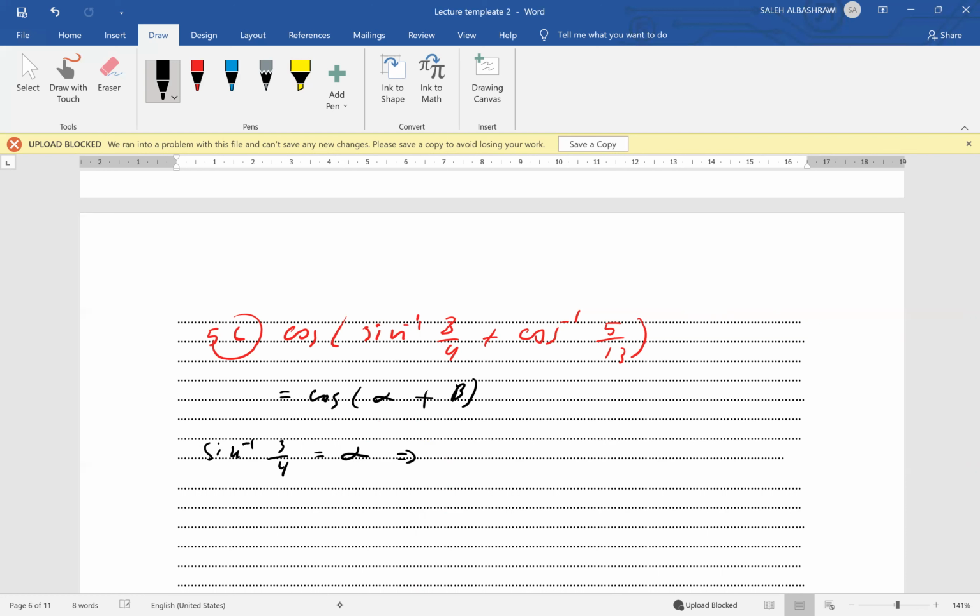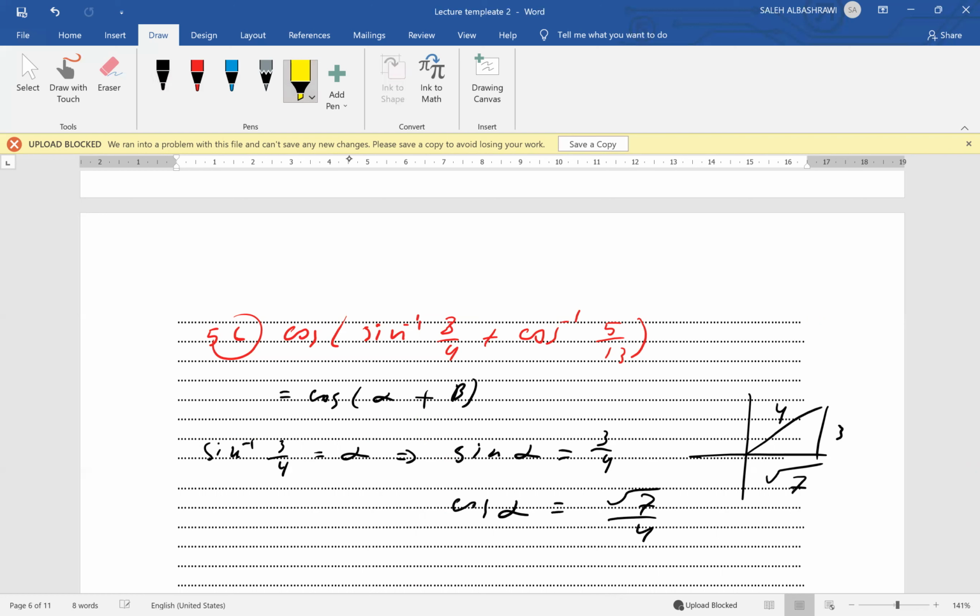This will give me sine alpha equal to 3 over 4, which is positive, in the first quadrant. This is 4, 3. Then I will have square root of 7 there. This is 16 minus 9 equals square root of 7, from which I can find cosine alpha, which is equal to square root of 7 divided by 4. This is for the first part.